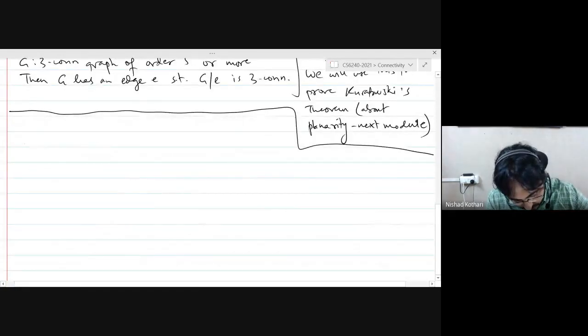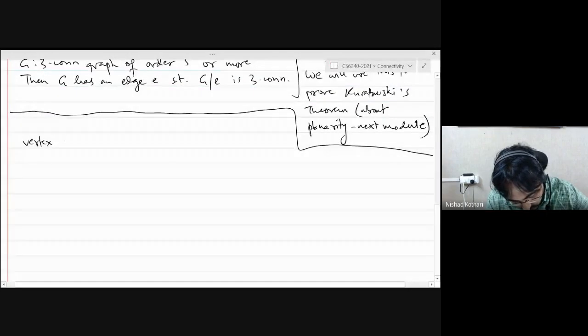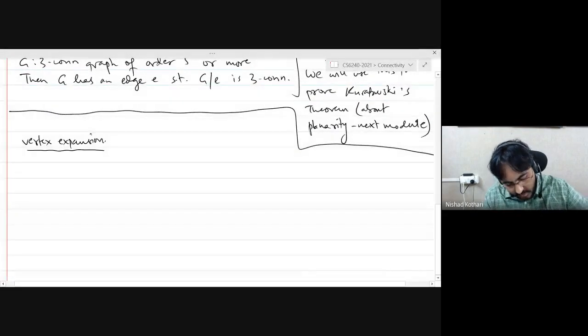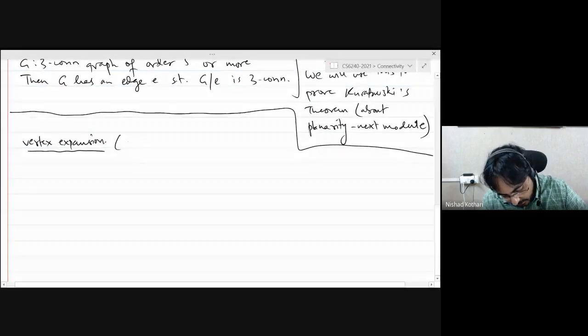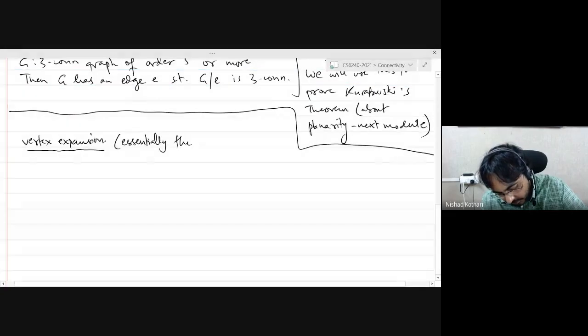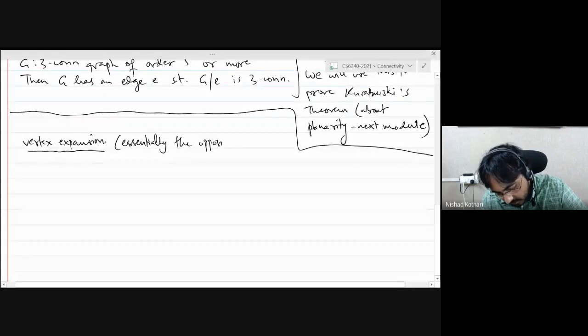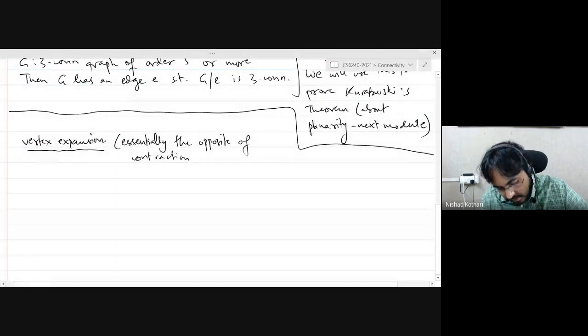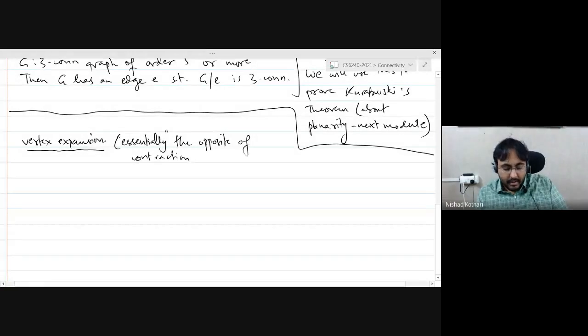It is, let me just say, essentially the opposite of contraction. I'm calling it essentially because I'm going to have to be more careful to make sure that the resulting graph is three connected.